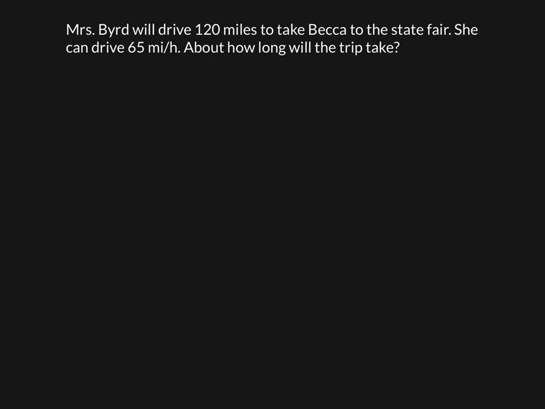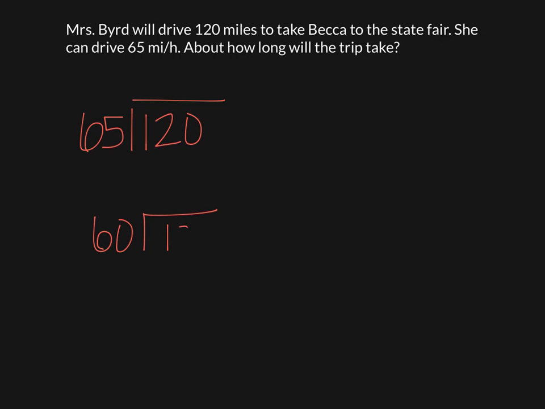So I need to say how many 65s can go into 120, or that would look like 120 divided by 65. Well, I know that 60 goes into 120. So let's say, what if she goes 60 miles per hour and needs to drive 120 miles? Well, it's going to take about 2 hours to get there.